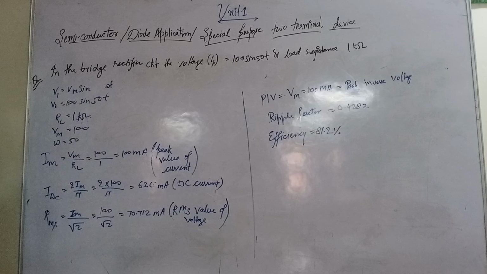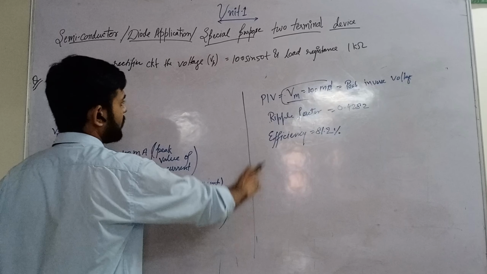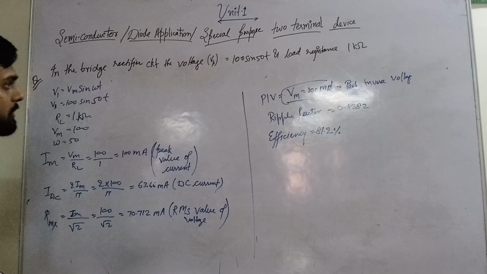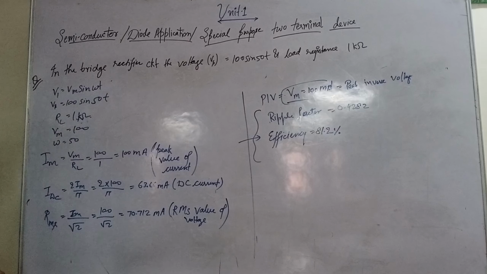Now PIV is the peak inverse voltage. PIV is equal to Vm, which is 100. Now the ripple factor is 0.482 and efficiency is 81.2. This is the numerical value of this question.